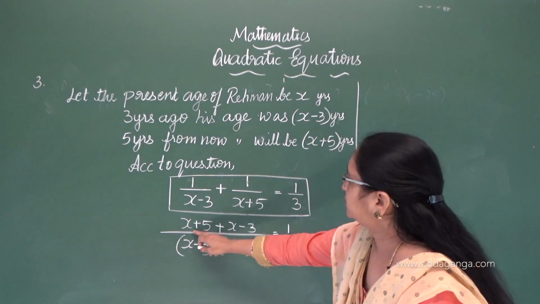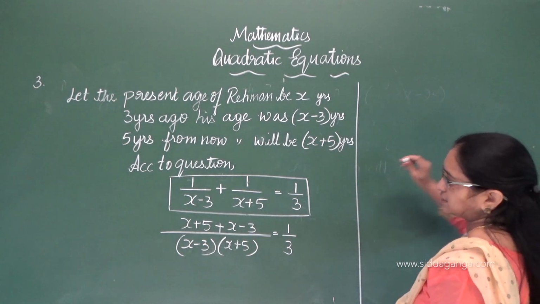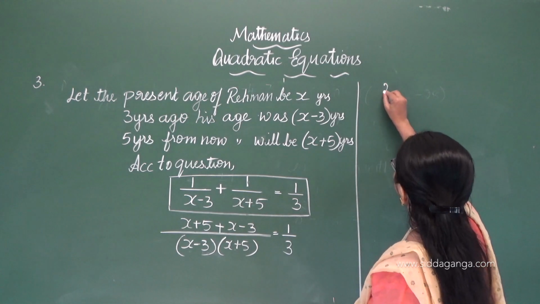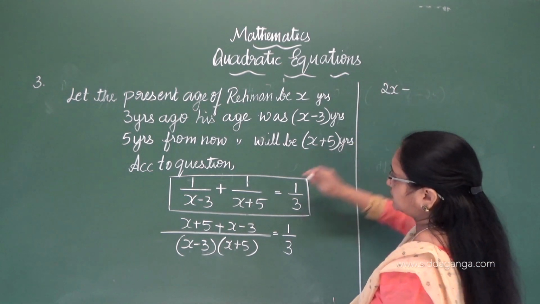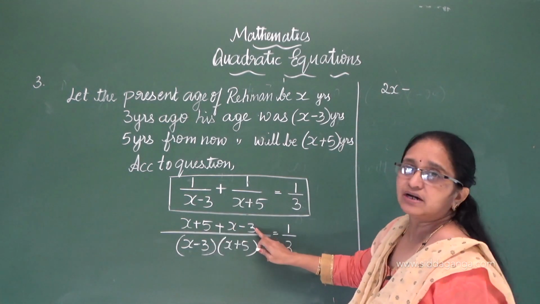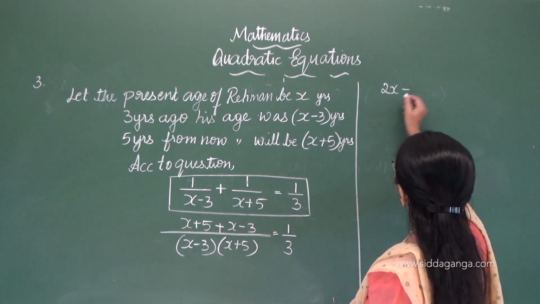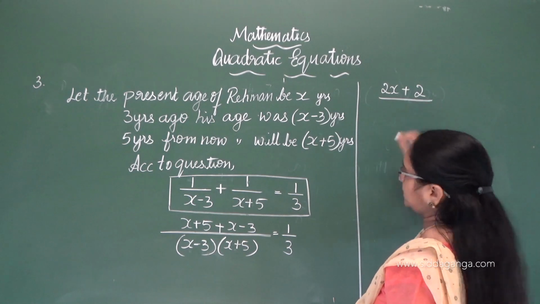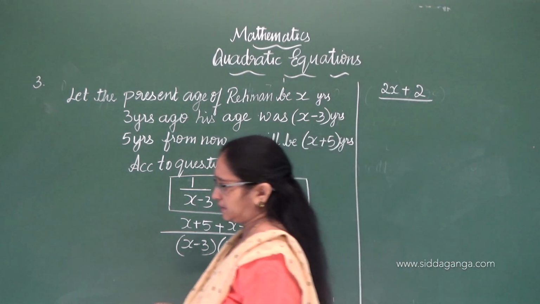Okay. So x plus x, add, 2x. So 2x plus here 5 minus 3, that is plus 2, divided by, here you have to multiply.